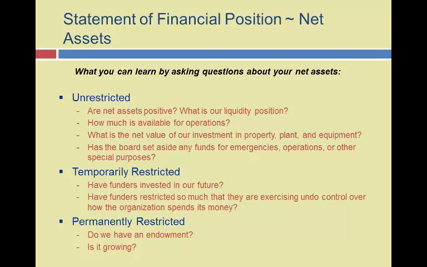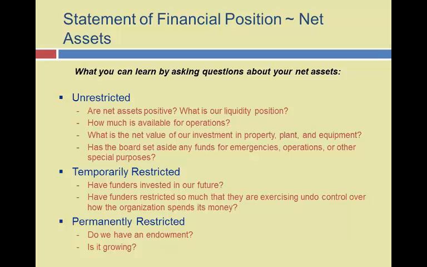Moving into unrestricted, this is a place where we can tease apart what our unrestricted balance is. First of all, we want to know whether the unrestricted net assets are positive, and what is our liquidity position. How much of those unrestricted net assets are available for operations versus what's tied up in non-liquid investment in property, plant, and equipment.